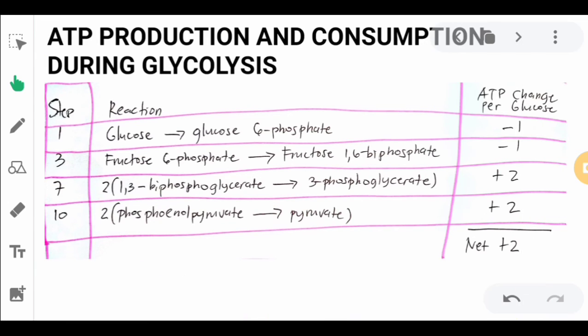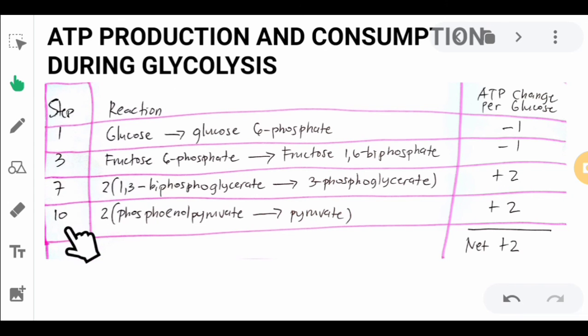So that is -1, negative, because we used an ATP here. In step 7, we convert the 2 pieces of 1,3-biphosphoglycerate to 3-phosphoglycerate. Again, that is 2 pieces because you have your glyceraldehyde from step 4 and step 5. So that is +2 here.